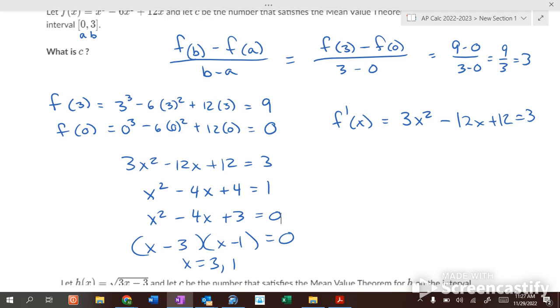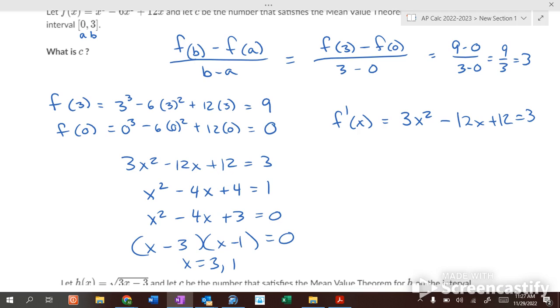I'm thinking now because I can't remember, I think if it's between the interval, the answer has to be between 0 and 3. But I'm not remembering for sure.